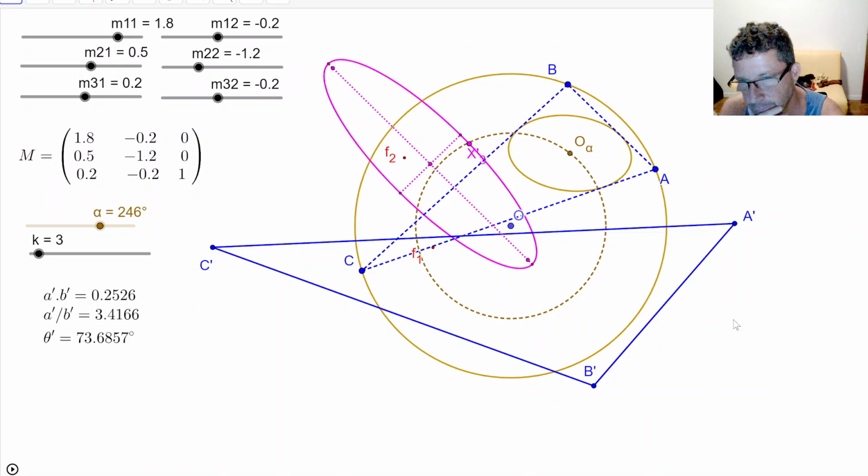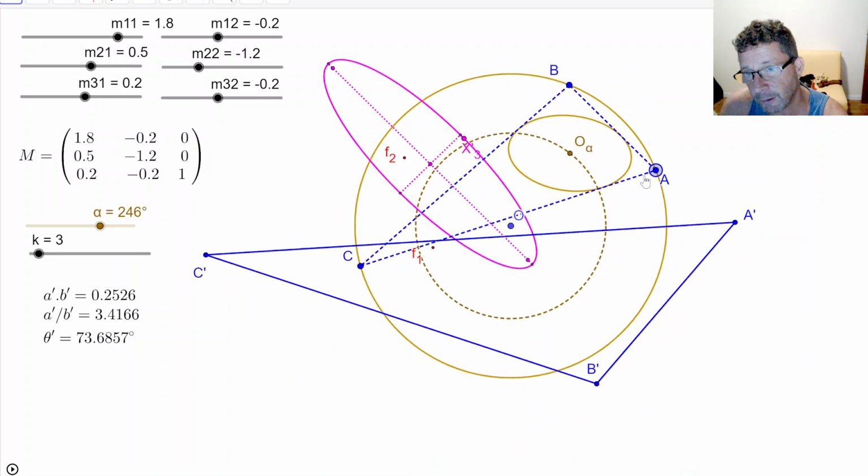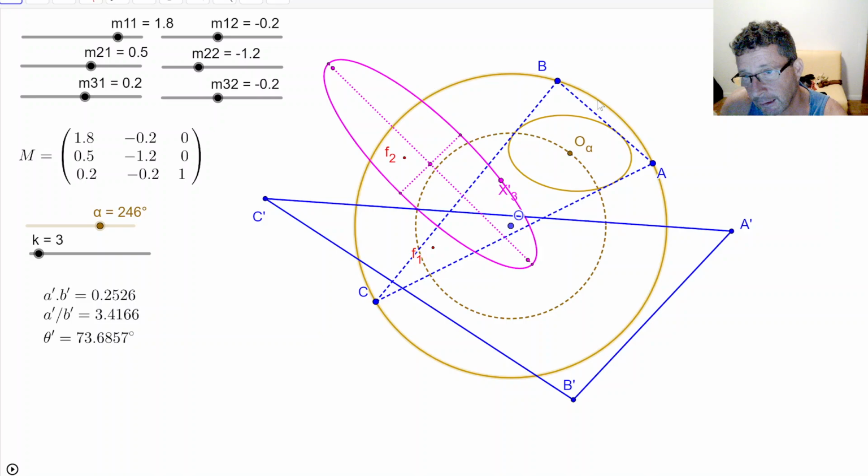So in previous videos, I was investigating the locus of triangle centers of triangles A prime, B prime, C prime, which were projective images of Poncelet triangles inscribed in a circle and circumscribing a generic caustic. So ABC is a Poncelet family inscribed in a circle and circumscribing some generic caustic.